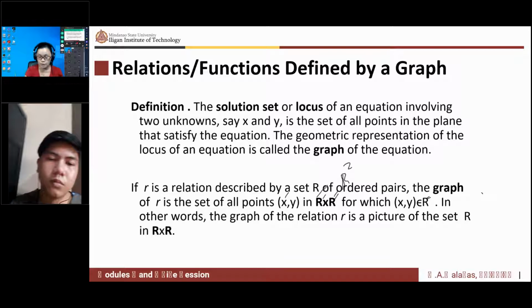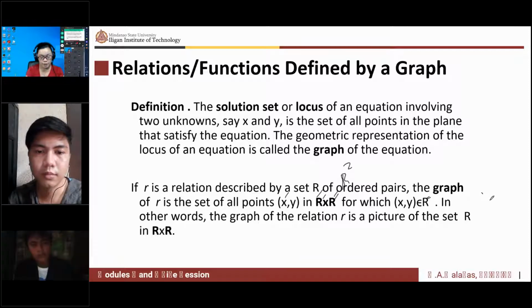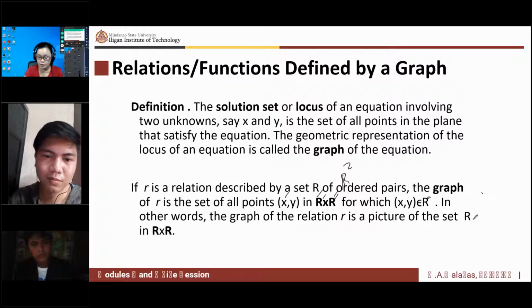Do not confuse yourself, because notations in mathematics are actually very useful, and they make math even more beautiful. So in other words, the graph of the relation R is a picture of the set R in the Cartesian plane, in R squared.